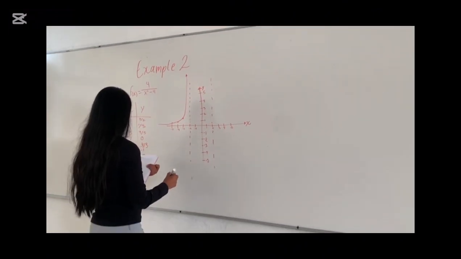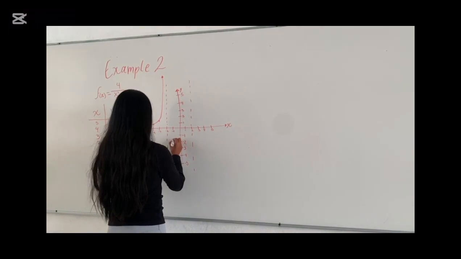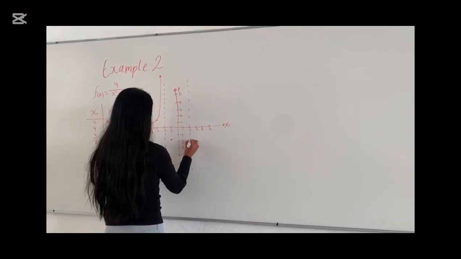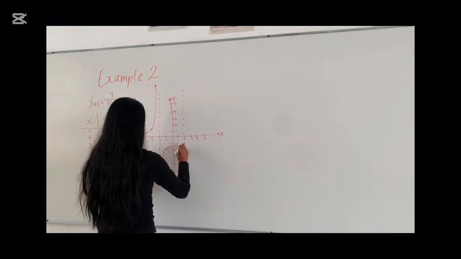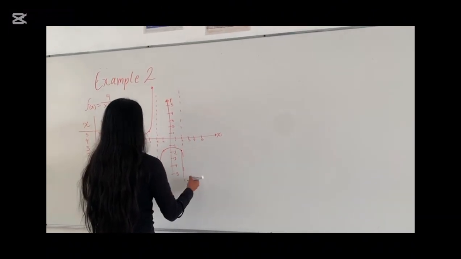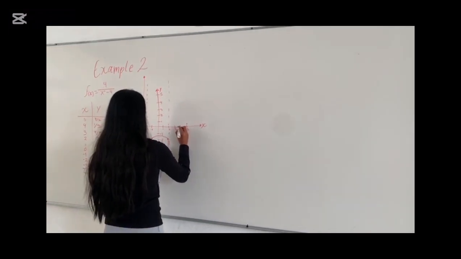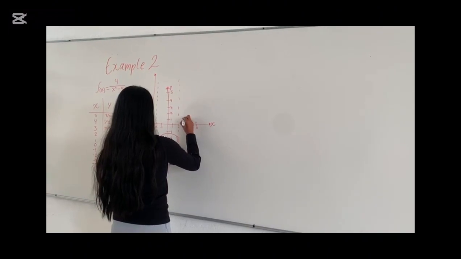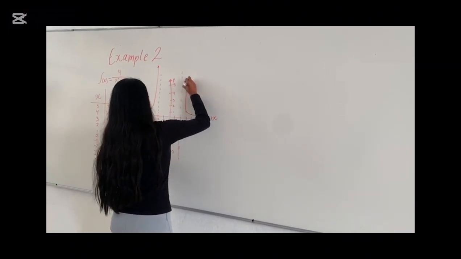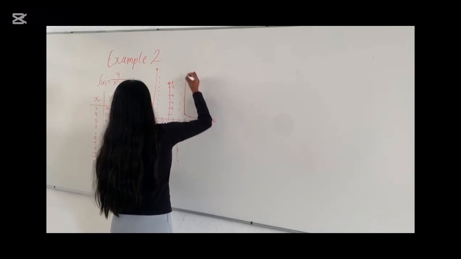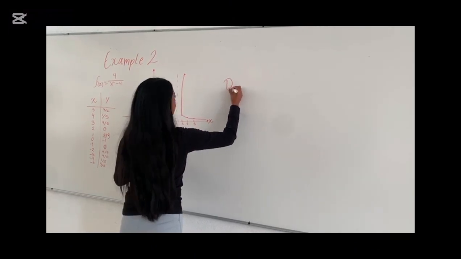In this way, our graph will come out graphing each of the points, such as 4 divided by (-5)² - 4, and so on in each of the results except for -2 and 2.